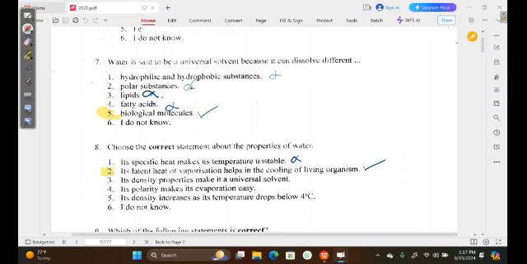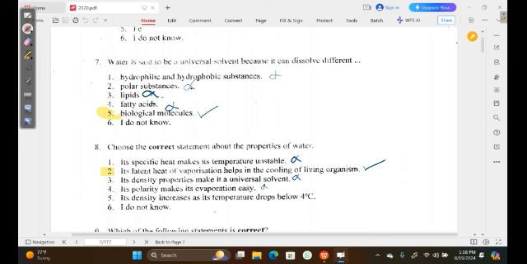Then option 3 is saying its density properties make it a universal solvent. So no, why it's a universal solvent we figured out in question 7, which was saying it is able to dissolve biological molecules. That's why it's called a universal solvent. Then option 4 is saying its polarity makes its evaporation easy. This is wrong.